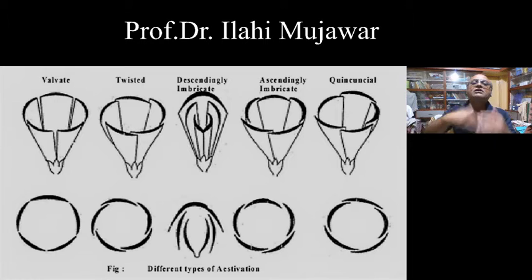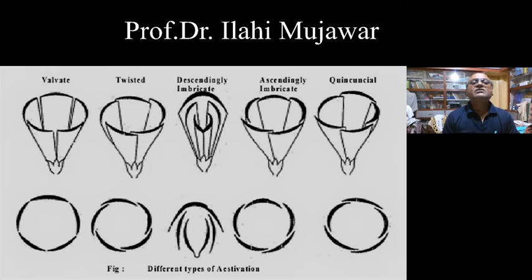Such a type of estivation, where one margin of the sepal or petal is overlapped on the other, and the next one is also the same, is called the twisted type of the estivation.